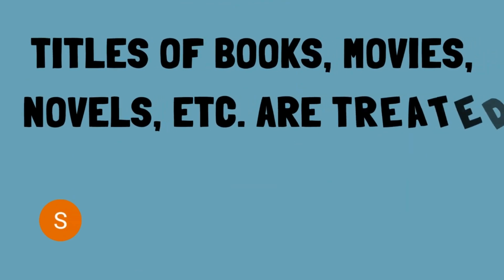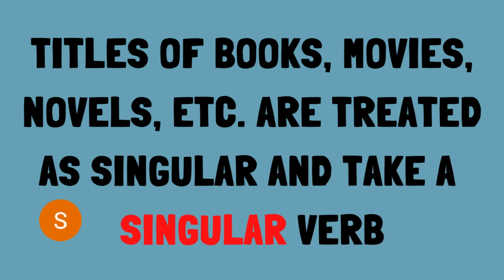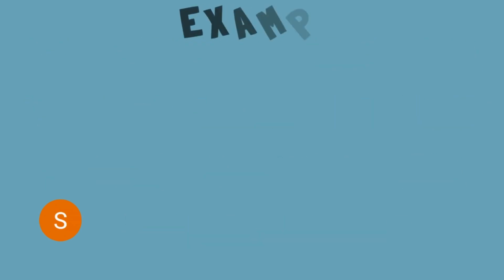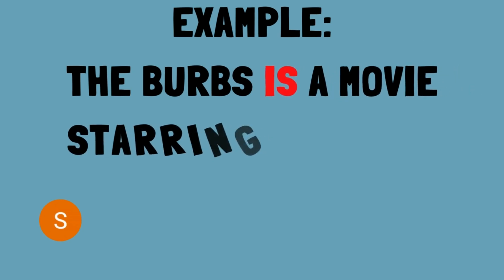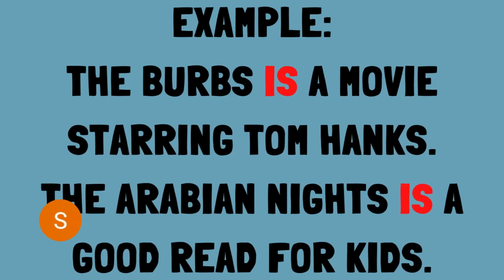Titles of books, movies, novels, etc. are all treated as singular and they take a singular verb. Let's see the example. For example, The Burbs is a movie starring Tom Hanks. Here, The Burbs is the name of a movie, though it has a plural form, but still we will be using is.